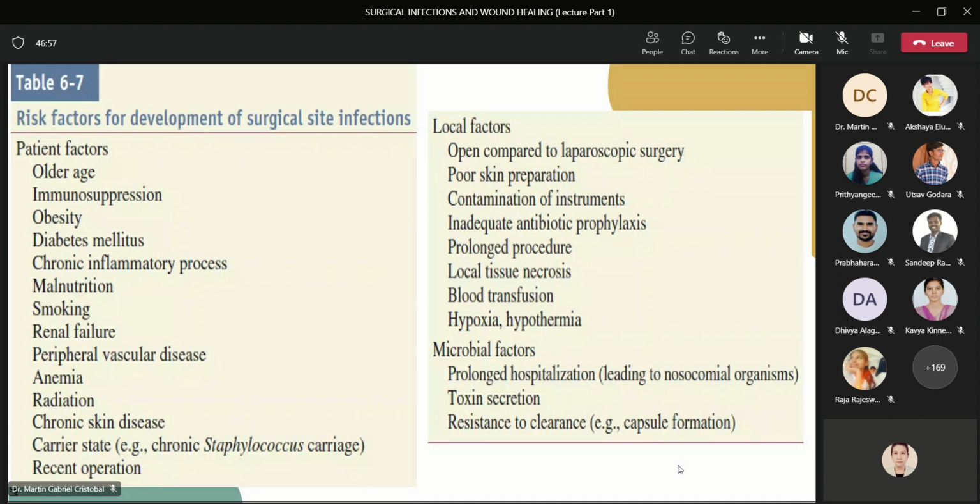For local factors, we have open compared to laparoscopic surgeries, poor skin preparation, contamination of instruments, inadequate antibiotic prophylaxis, a prolonged procedure, local tissue necrosis, blood transfusion, hypoxia, and hypothermia. For microbial factors, we have prolonged hospitalization leading to nosocomial organisms, toxin secretion, and resistance to clearance such as capsule formation.